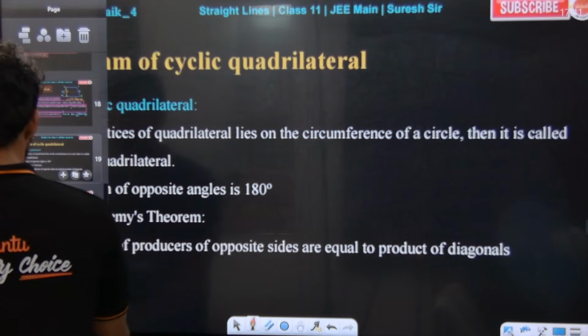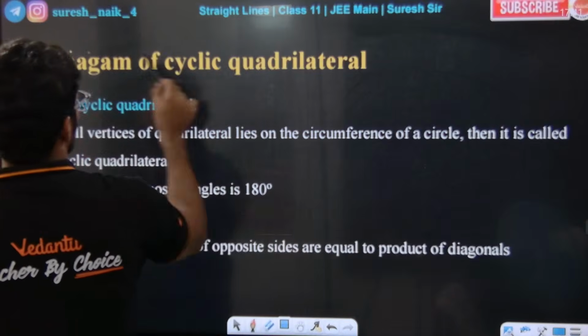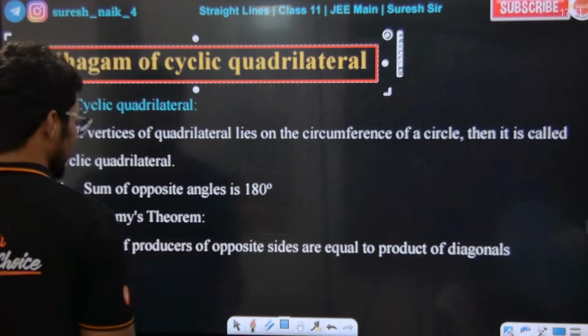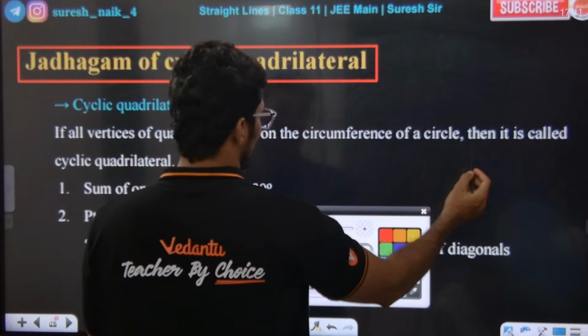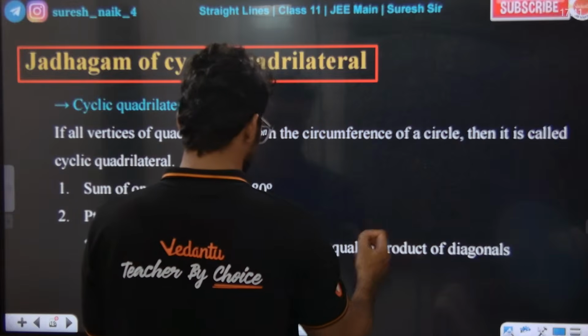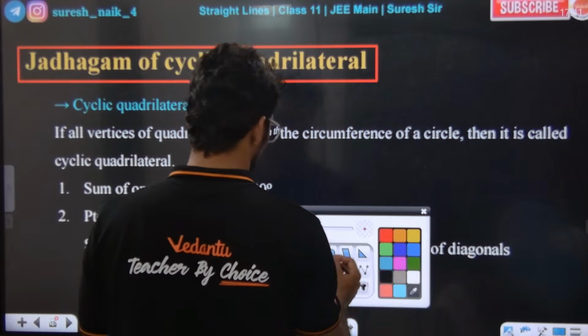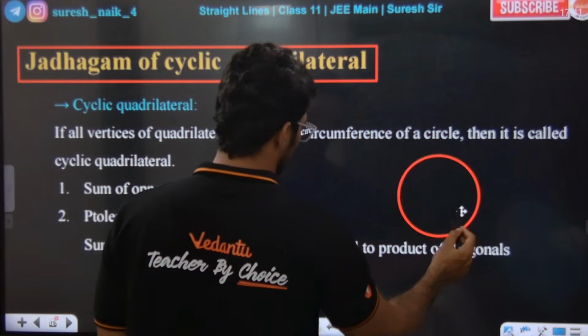Sir, next, properties of cyclic quadrilateral. Cyclic quadrilateral is nothing but inside the circle there will be one quadrilateral.